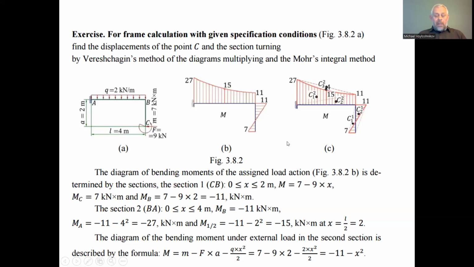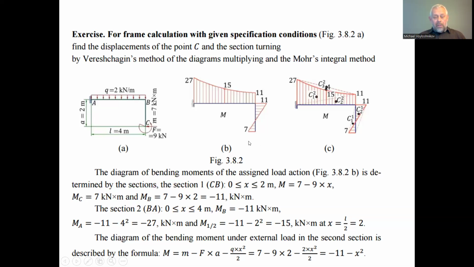So, on the action at the point C, the applied moment 7 rotated counterclockwise gives the first ordinate of the bending moment diagram, 7. The leg CB does not experience a load distributed along this CB element of the mechanical system.